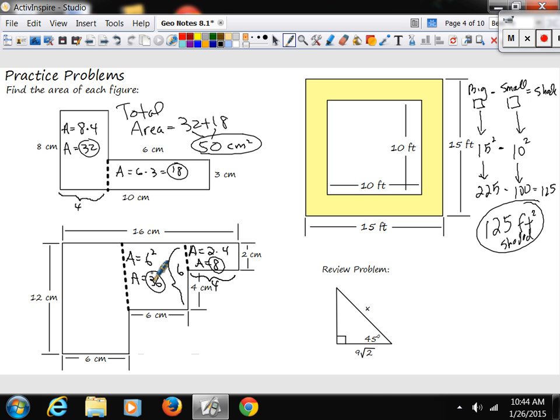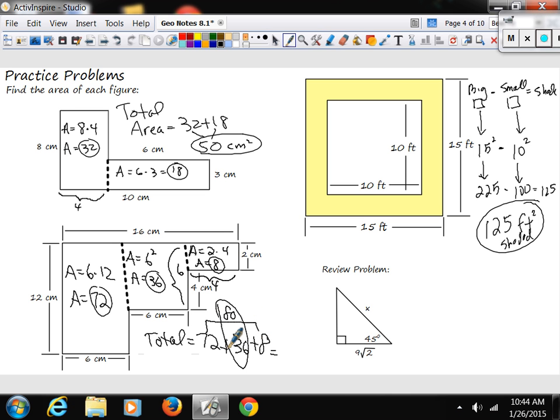And then the last one is given to us, 6 and 12. So area is 6 times 12. Area is 72. So for the total, we need 72, plus we need a 36, plus we need an 8. 72 plus 8 is 80, and then 80 plus 36, you get 116, and that would be square centimeters.